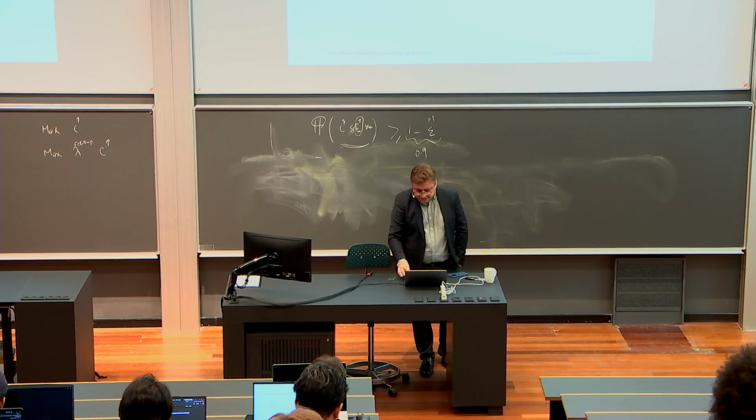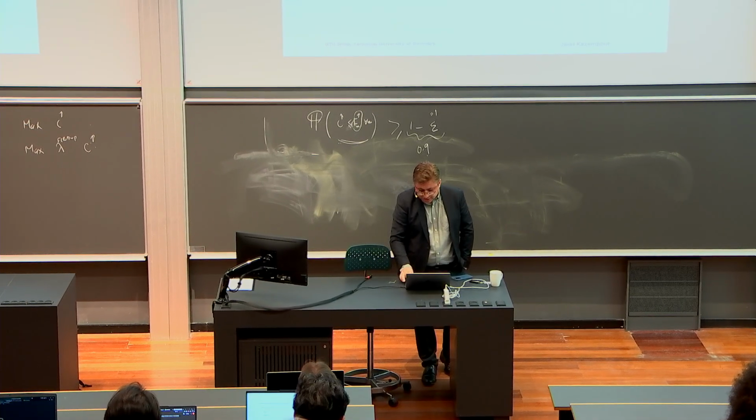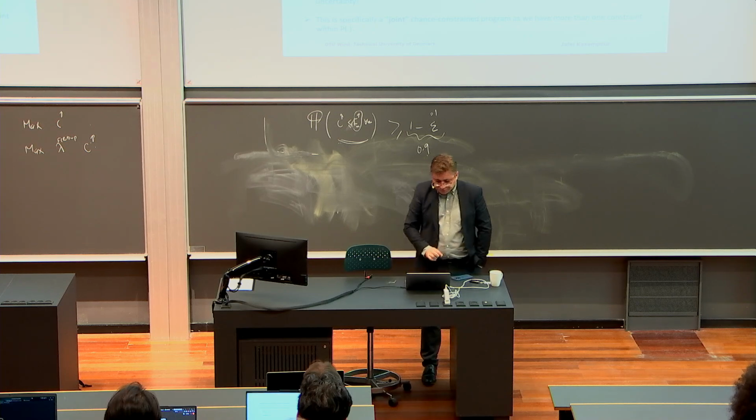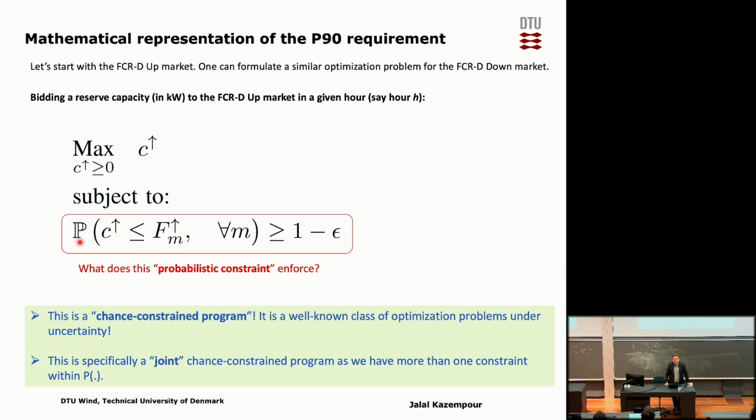Good. So we just discussed what this probabilistic constraint, also called chance constraint, enforces. Chance constraint programming is a well-known class of optimization problems under uncertainty. What kind of chance constraint is it?